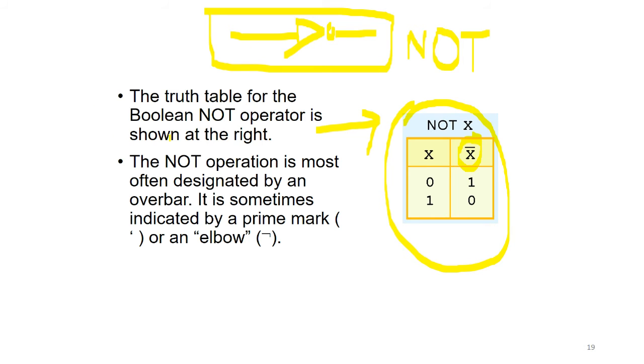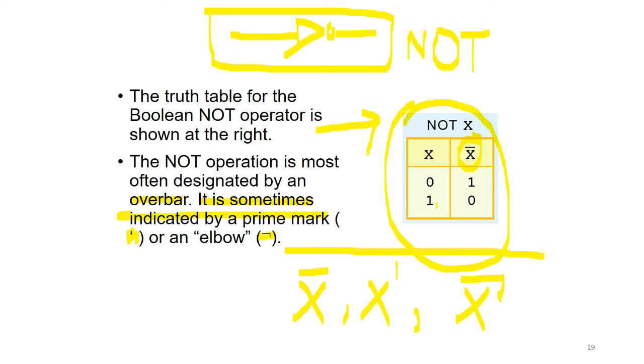The NOT operation is most often designated by an overbar. It is sometimes indicated by a prime mark. The prime mark is this one, and an elbow, this one. So it can either be written with this overbar, or it can be written in this manner, a prime mark, or an elbow. So all of these are correct.